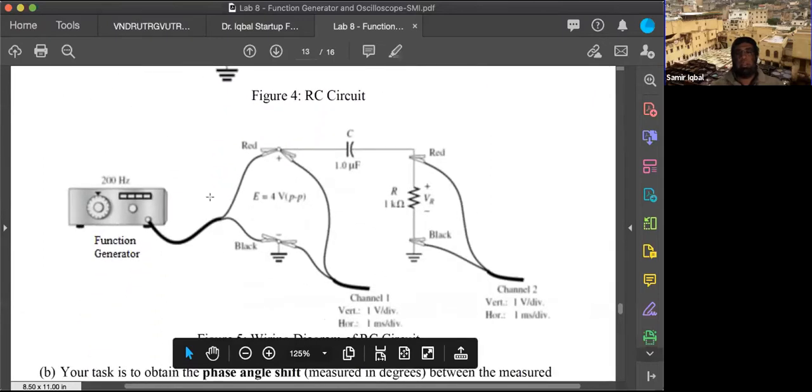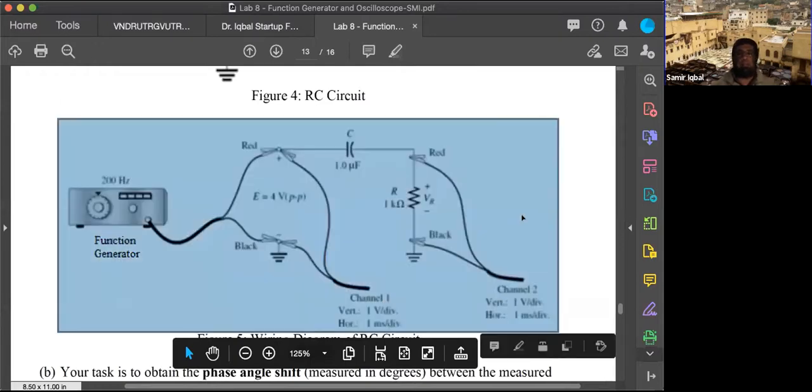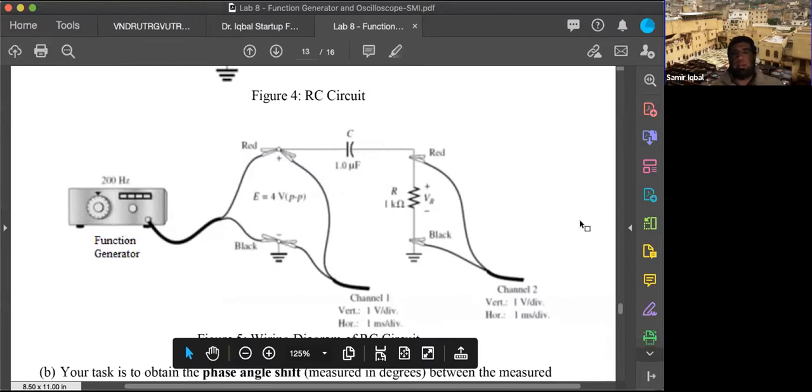Again, you get two alligator clips, function generator, ground, you bring your probe for channel 1, your probe for channel 2, and we measure the difference between those two. What does an RC circuit do?